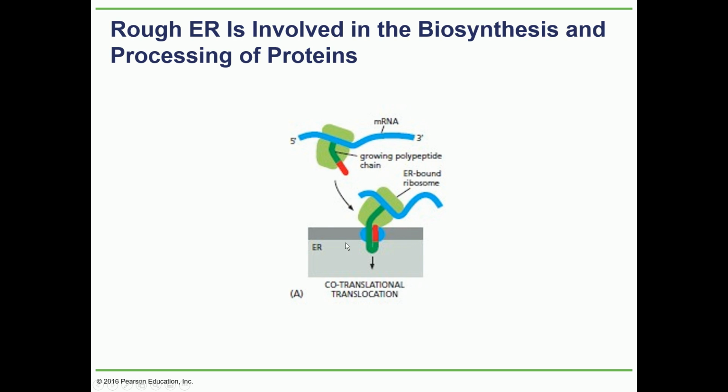So you can see that this is the endoplasmic reticulum, and this is the ribosome which is embedded on the ER, so it's a bound ribosome. And this is the polypeptide chain which is being made. This is the mRNA.